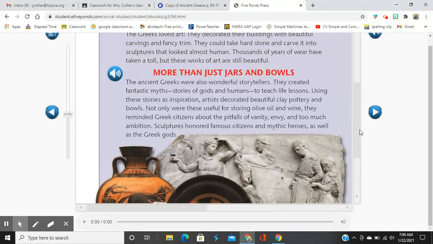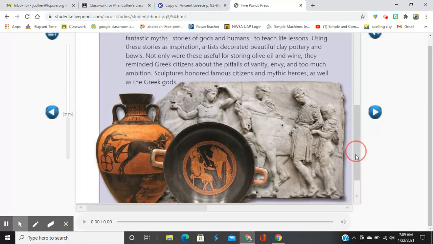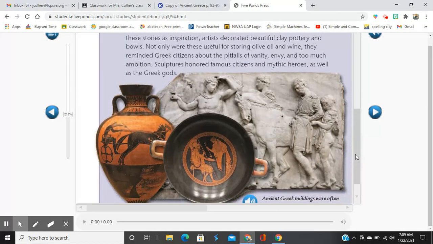So it talks about vanity, envy, and too much ambition. If someone is vain or has a lot of vanity, we might notice that they look in the mirror a lot and they're constantly worried about their looks, and that is vanity. When someone is envious, they're usually jealous of something someone else can do or has. And then too much ambition.